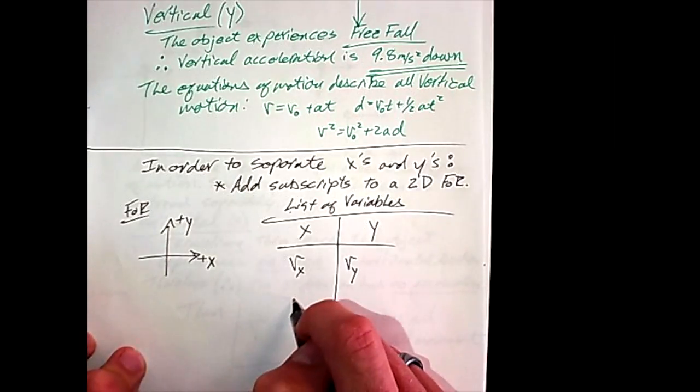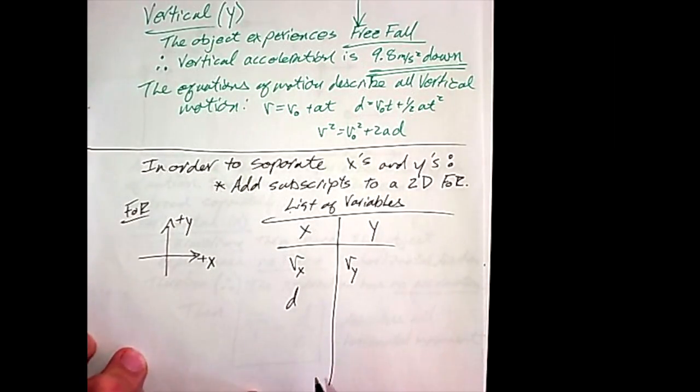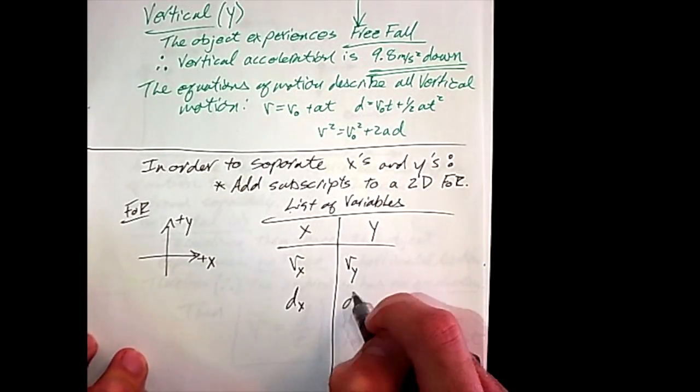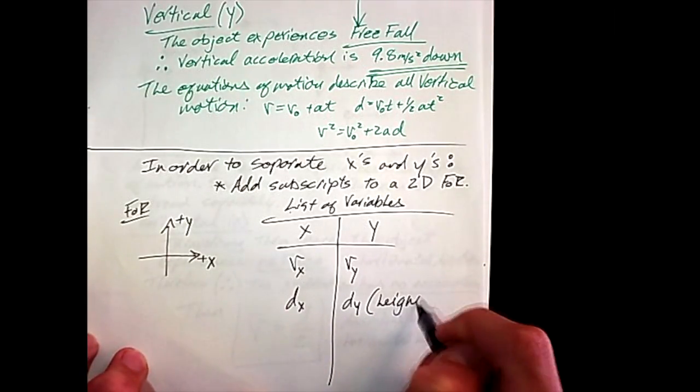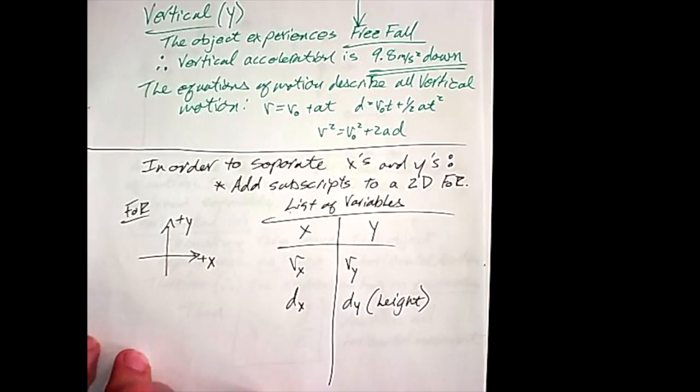The displacement that I move horizontally is dx. The displacement that I move vertically is dy, which is often called the height. Could be, but we think of it more as range. How far it will go from the table is its range.